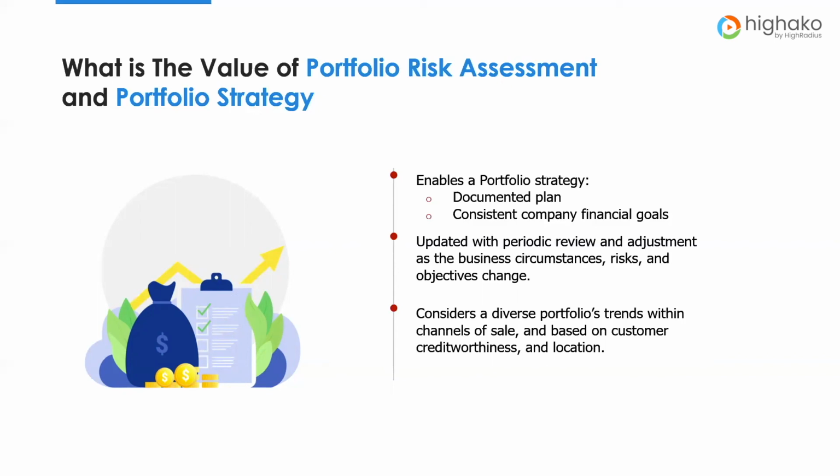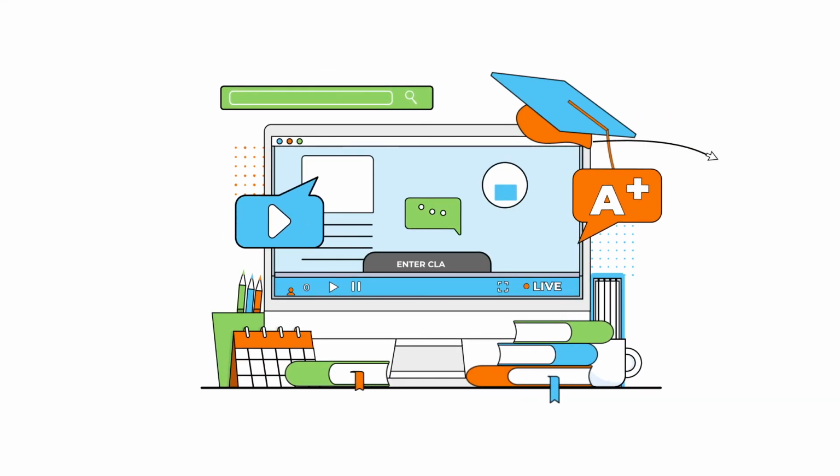It looks at a very diverse set of trends within channels of sale, based on customers' creditworthiness and how that fluctuates, and the location, region, country, wherever you're selling. So you really have to consider a lot of factors. And once you've done that, then you can set a documented plan and strategy.